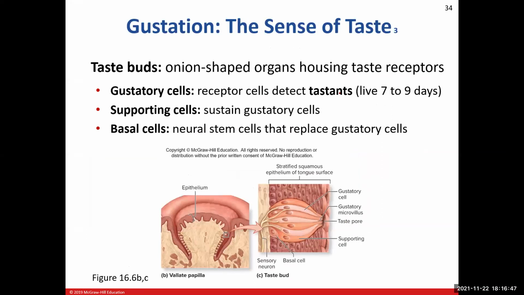So keep that in mind when we're talking about all those different types of cells. Very similar to what we saw in our olfactory sense, where we had our olfactory receptor cells, the supporting cells, and the basal cells. It's pretty much the same type of scenario.